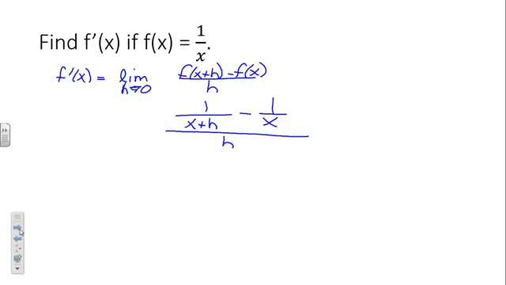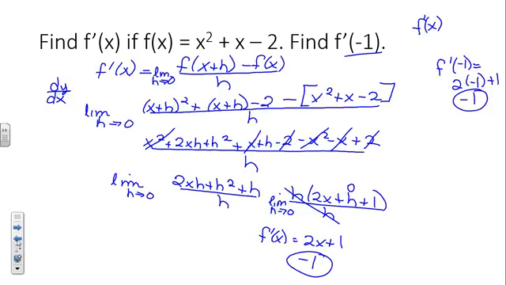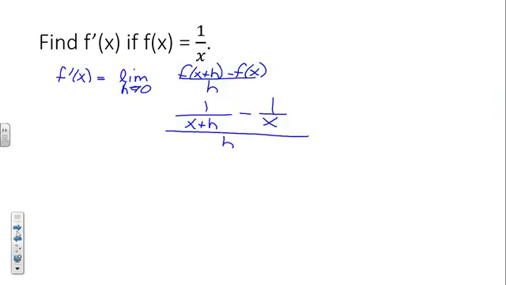We just didn't have a fraction above it before. Everywhere we see x, we have to plug in x plus h. Okay. So far, so good?